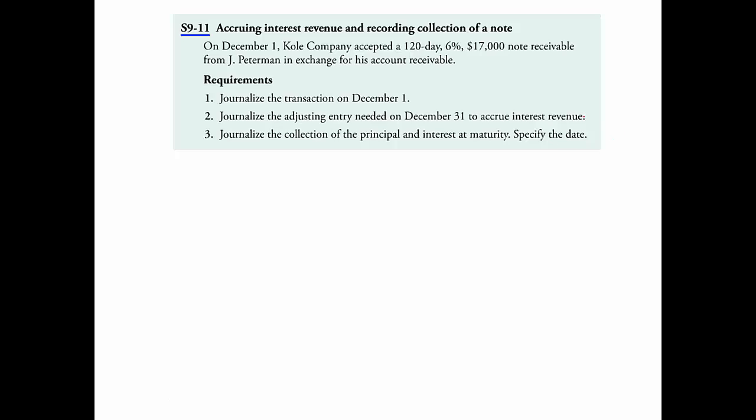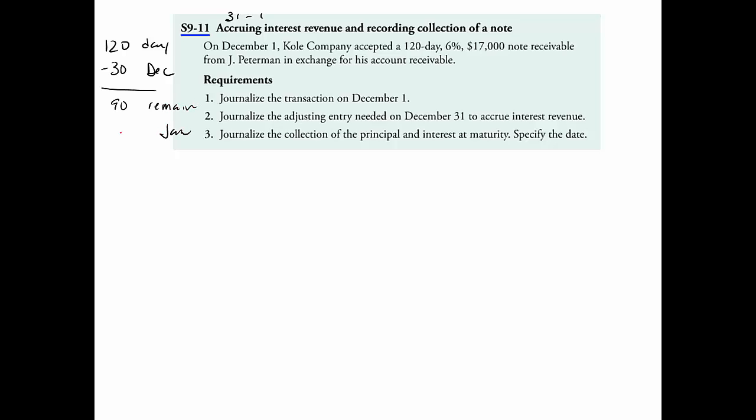So let's go ahead and figure out the due date and the interest before we get to the journal entries. So it's a 120-day note. And we are issued on December 1st. So there's 31 days in December, and we issued on the 1st. So I'm using up 30 days in December. Okay? So at the end of December, there are 90 days left.